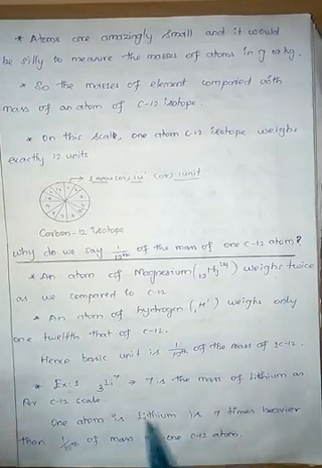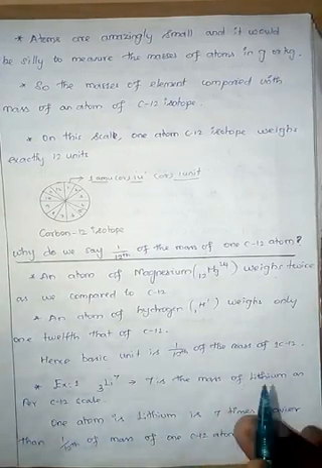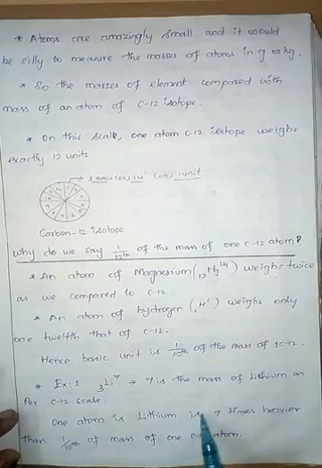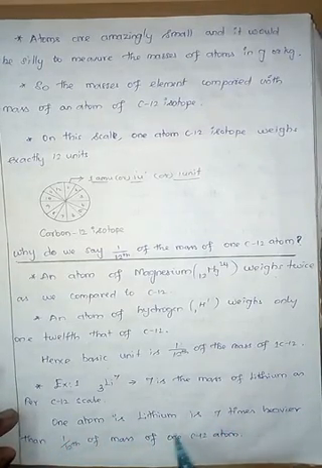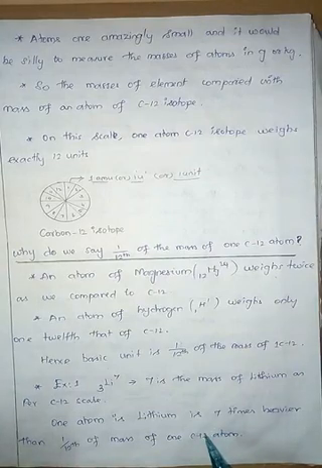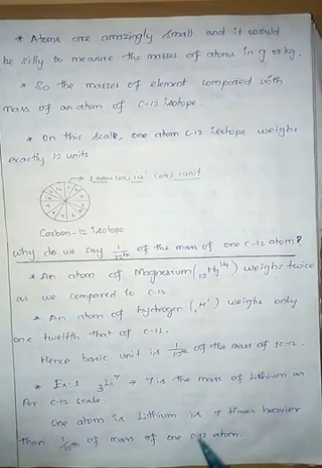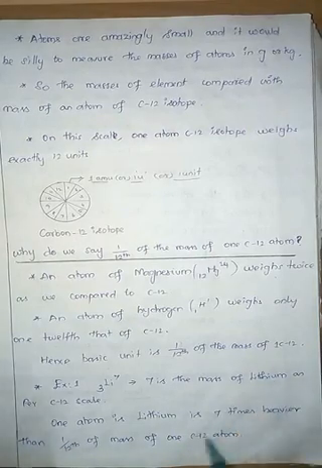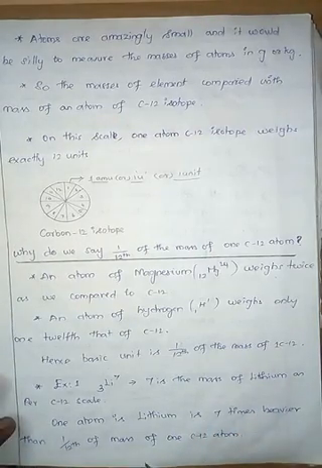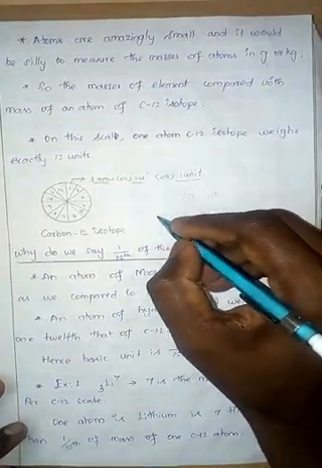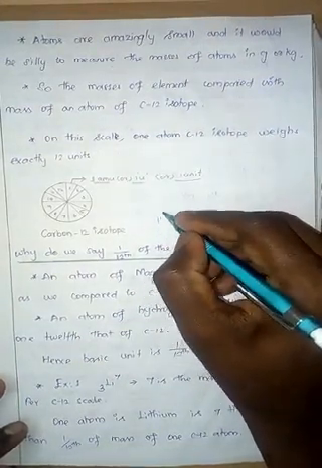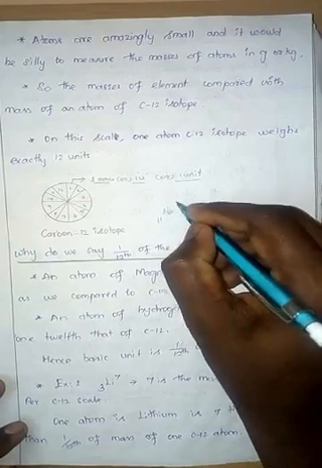So what we have understood is very simple. One atom of lithium is 7 times heavier than 1 by 12th of the mass of carbon-12. Hope you have got this. Right? Let us go to the next example. Let us take the case of sodium.